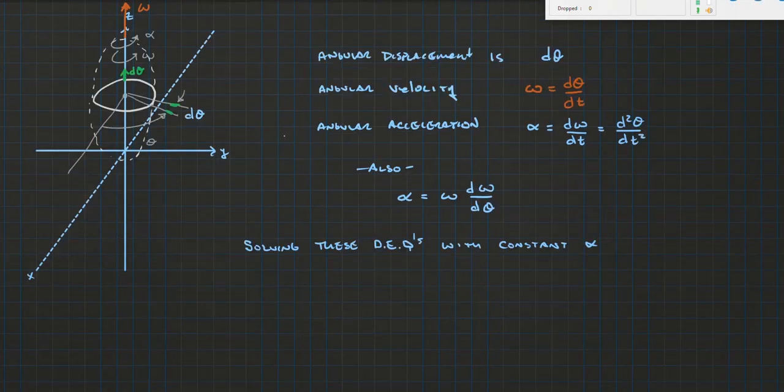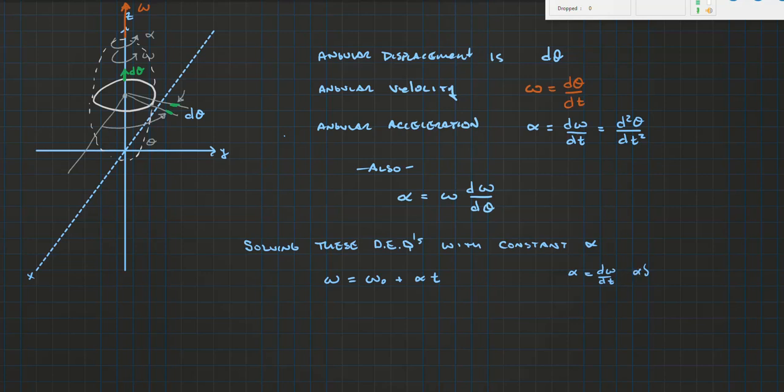And solving these relationships with constant alpha will give us some relationships that should sit very well with us, where we have omega equals omega naught plus alpha t. We got that from alpha equals d omega dt. So we integrated alpha dt.